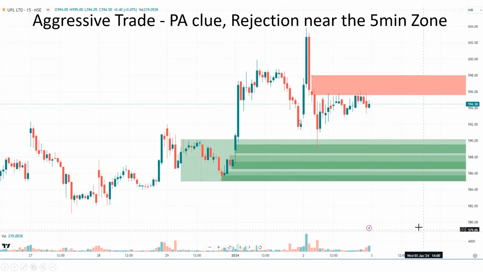Next time prices enter this 5-minute zone, what should happen? All this buy order flow should be consumed, and then prices should come into this zone. By the time prices enter this zone, all the sell orders will have weakened, because the existing pending buy orders consume the supply, and the remaining pending supply could be weak.